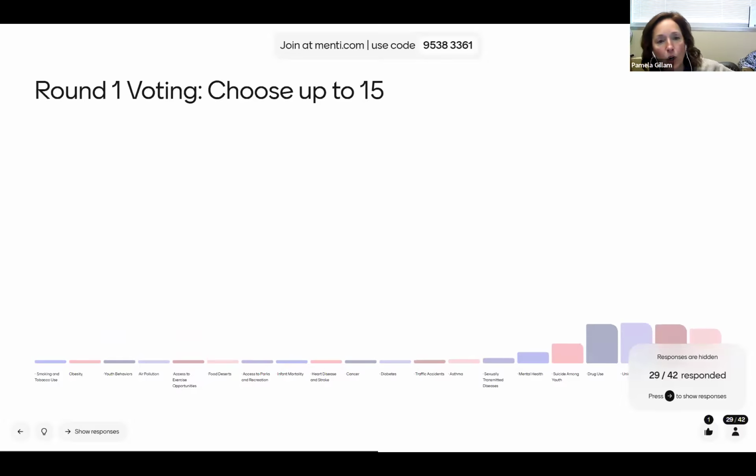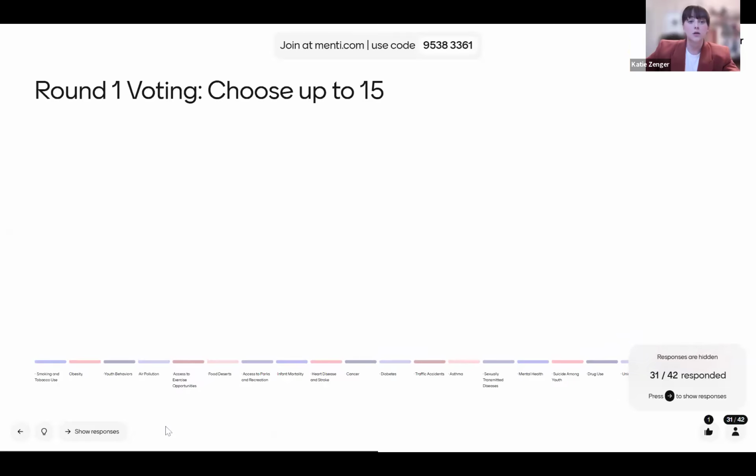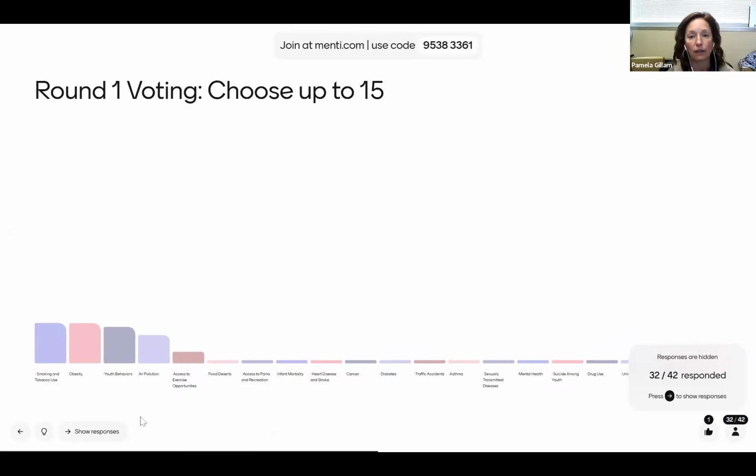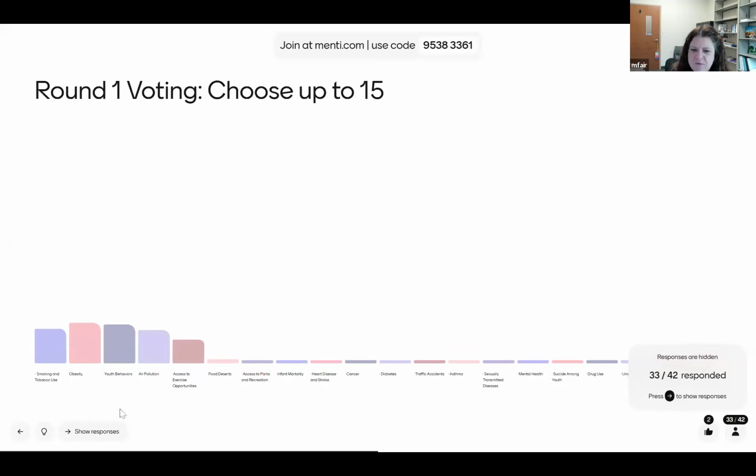Katie, about what number are we looking for? I'm sorry? How many participants do we have? I'm wondering how many votes we're looking for here. We have about 54. Okay, great. So we're at 32. So it's a good amount. And it looks like 42 people logged into the Mentimeter.